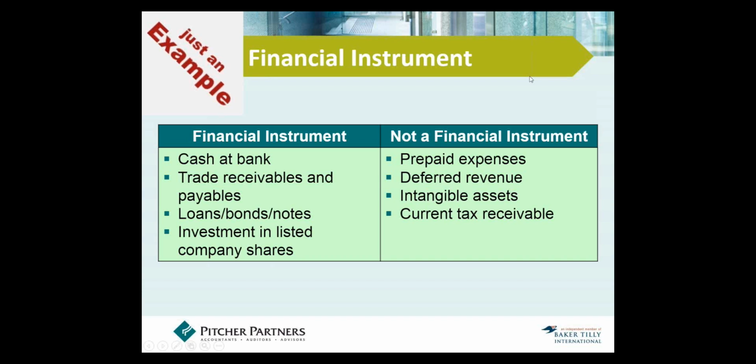So the first thing is always to determine, do we have a financial instrument, yes or no? And if we have a financial instrument, we have to go and look at the standard and say, what would the standard say about this financial instrument? So the first step is to identify our financial instrument.